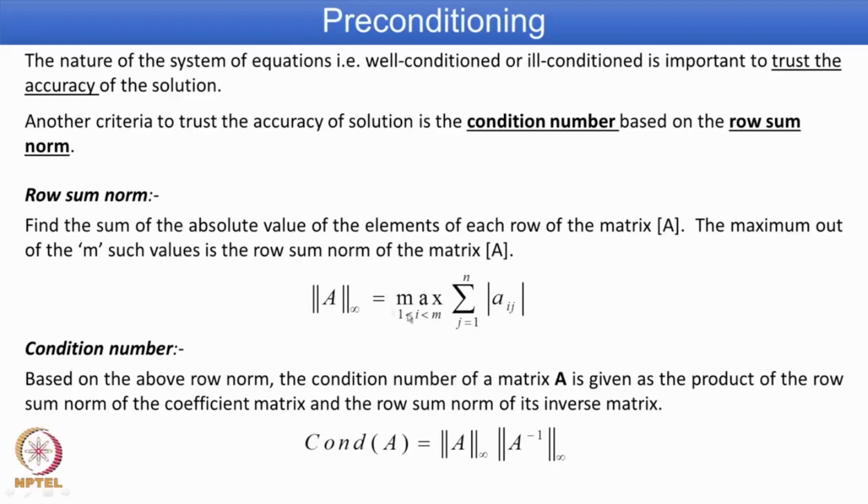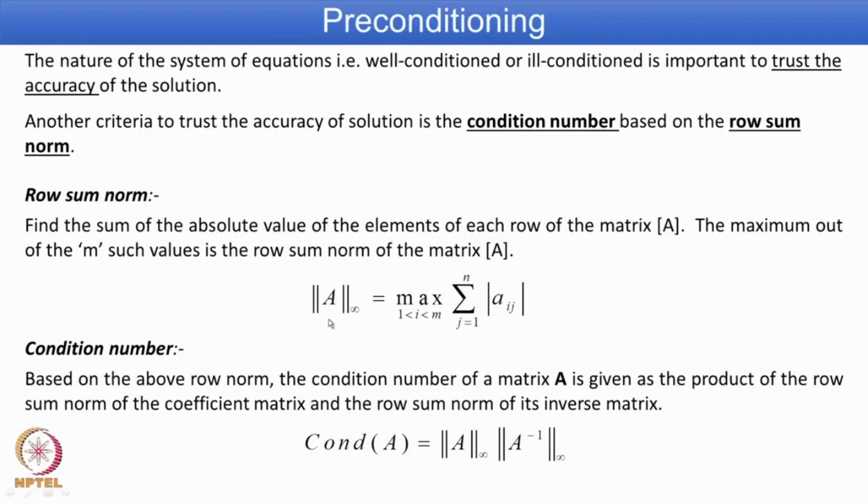So, for the coefficient matrix A, you sum the corresponding elements for j going from 1 to n, and you take the maximum over all the rows, and that becomes the row sum norm of the coefficient matrix A, and it is mathematically given here. From that row sum norm, it is possible to define the condition number as the product of the row sum norm of the coefficient matrix and the row sum norm of its inverse.